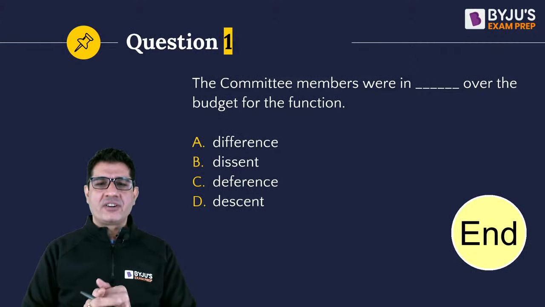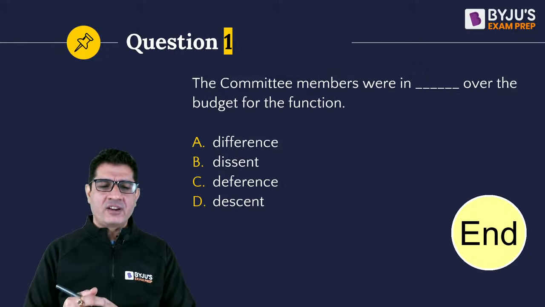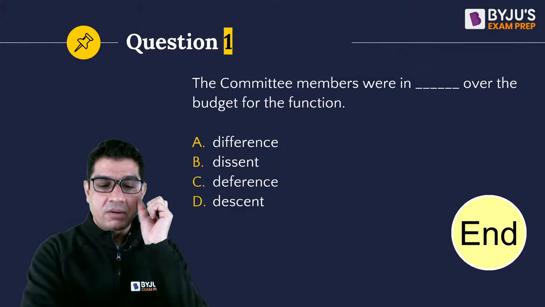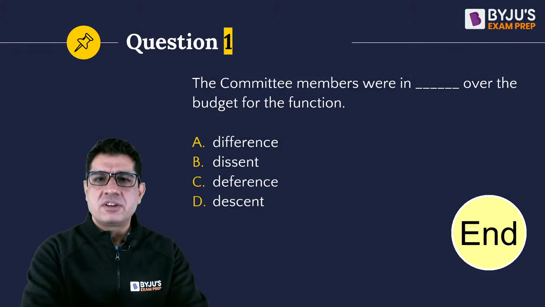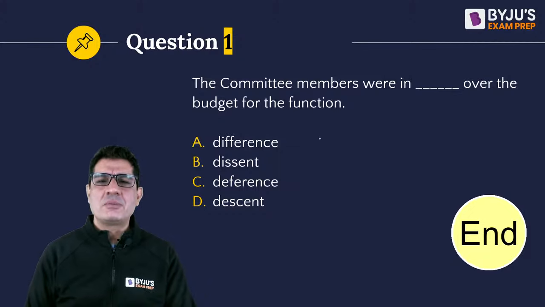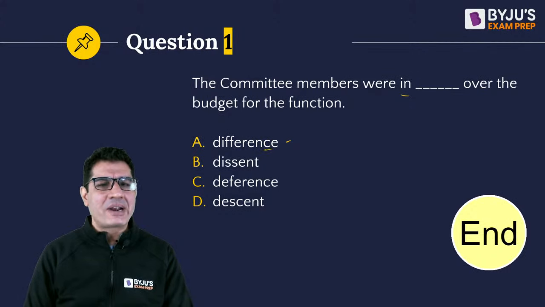So we are done with the time and we have answers from Murali, Naman, Abhiram. Okay, all of you think it is going to be C. So let us in the interim look at the meanings. You know difference, right? Members were in difference. Does that even make a grammatical sense?